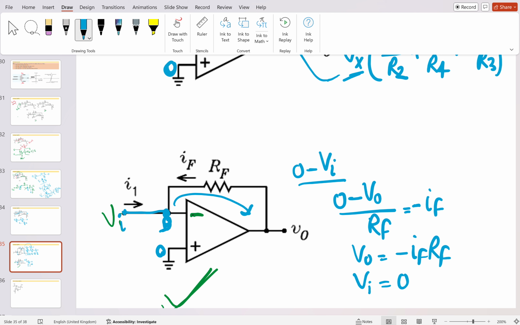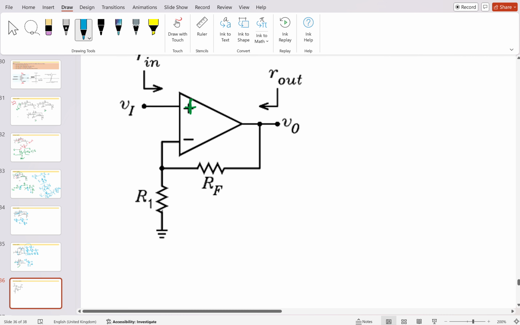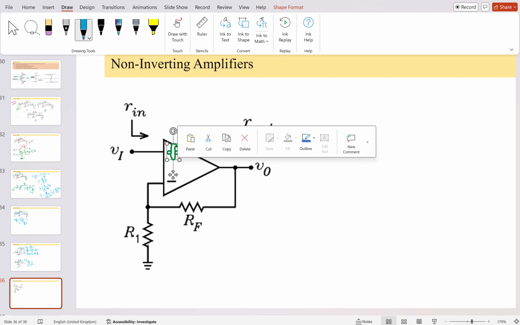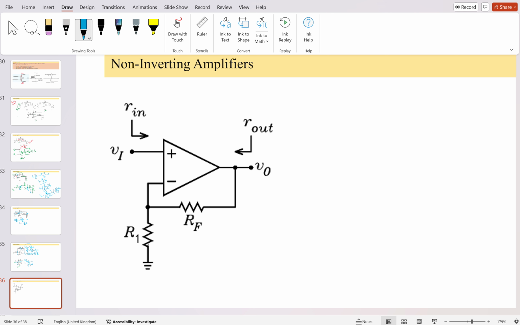Getting my point? In a few of the problems, some resistance will not be connected here, so you can directly assume that the V input is equal to 0. Let's take an example like this. Suppose this is the non-inverting amplifier, and here the positive terminal has no grounding. So how to solve this kind of problem? The positive terminal is directly connected to V input, so that voltage you should reflect to the node connected to the negative side.